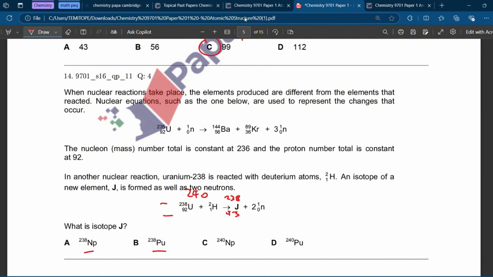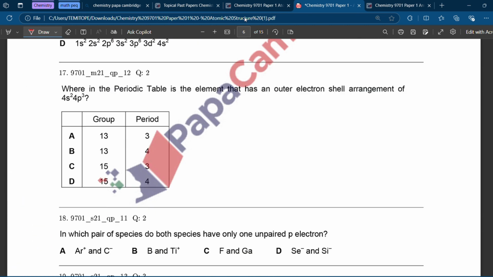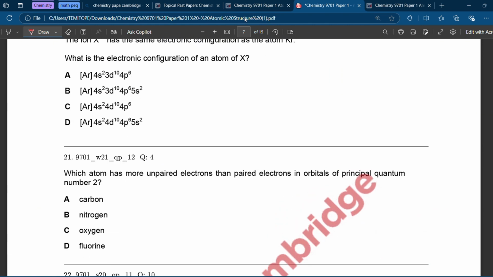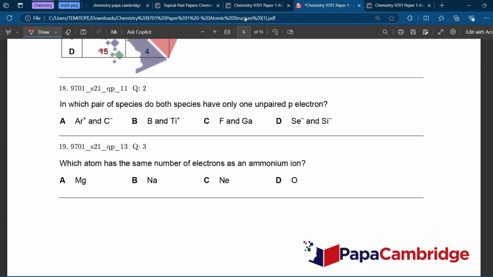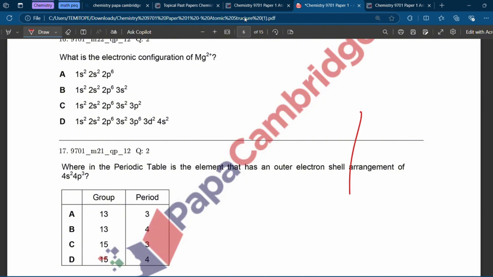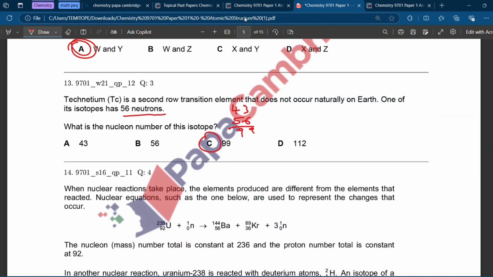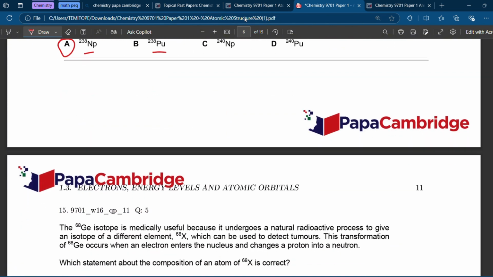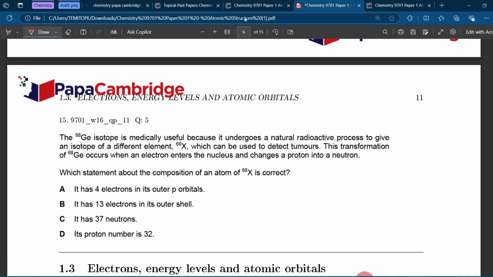So here we have a total of 240, and here we have 2. So we're expecting an element with also 238, because in this case they will not be balanced. But then now we look at the bottom, 92, 91, that's 93. This guy has a 0, so expecting an element 93 too.